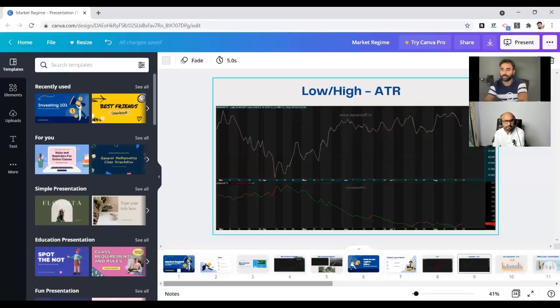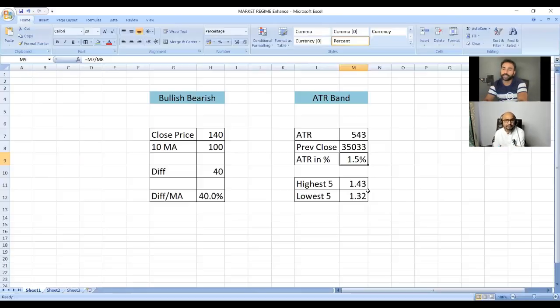So my ATR percentage today is 1.5%, the last 5 days' high of ATR percentage is 1.4, and the lowest is 1.3. When it is giving 1.5, I can be sure that the market has moved to a high volatile period.